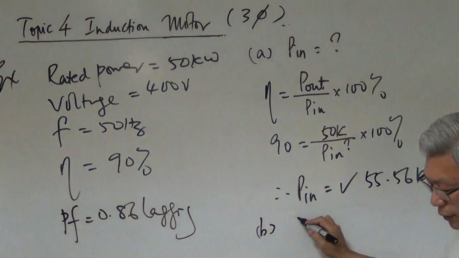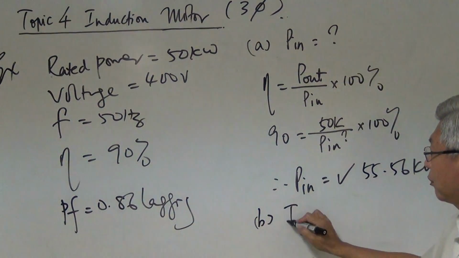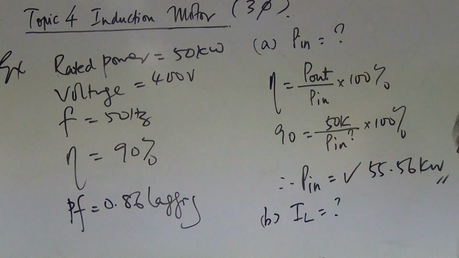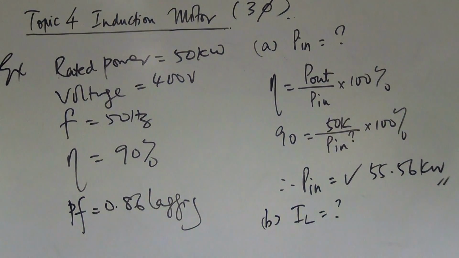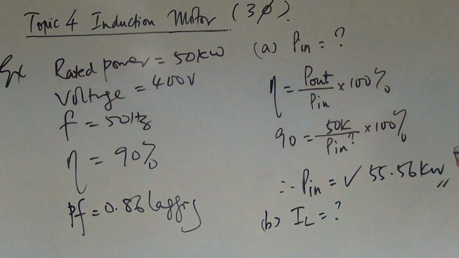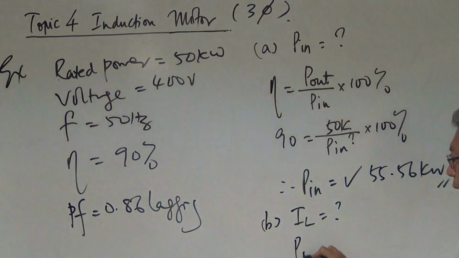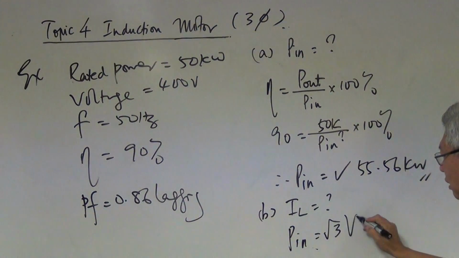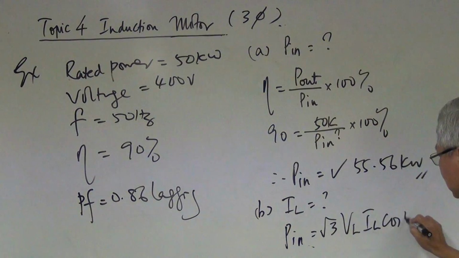Find the input current. In other words, find the line current. Input current means line current. This is a star connected circuit, so line current and phase current are the same. Make use of input power. Input power is equal to square root 3 VL IL cosine theta.